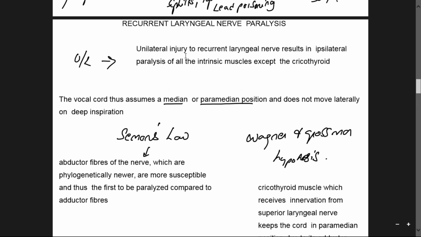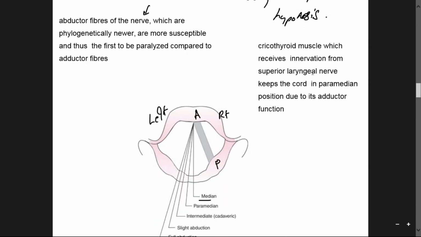You know that the left recurrent laryngeal nerve has a longer course. Whenever you are operating, if there is an injury, there might be unilateral recurrent laryngeal paralysis. So what happens in unilateral recurrent laryngeal paralysis? Except the cricothyroid, all the intrinsic muscles are affected. So what is the cricothyroid? Now I'll just show you.